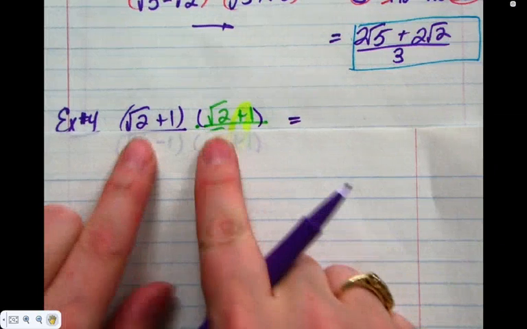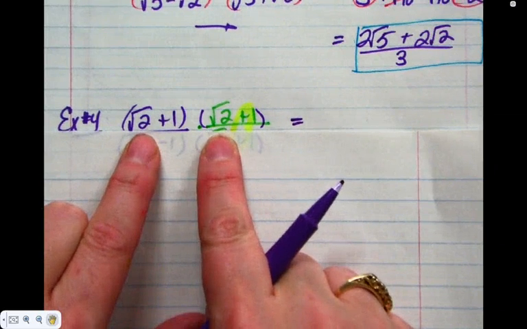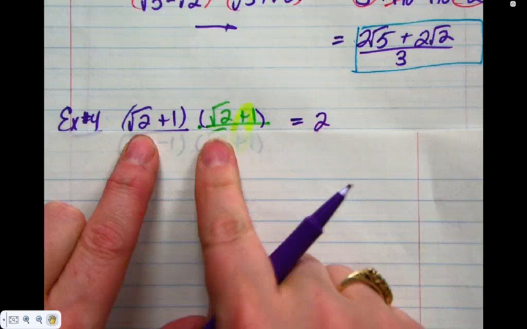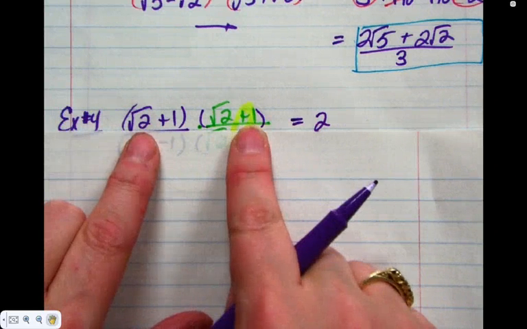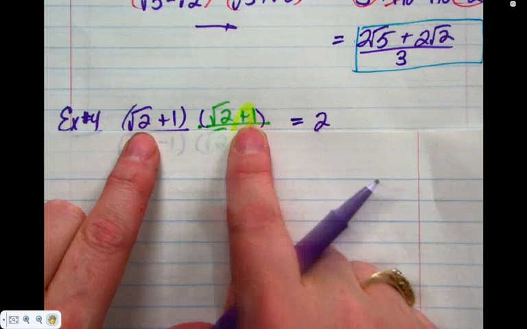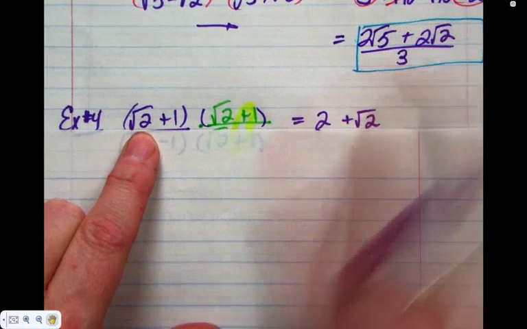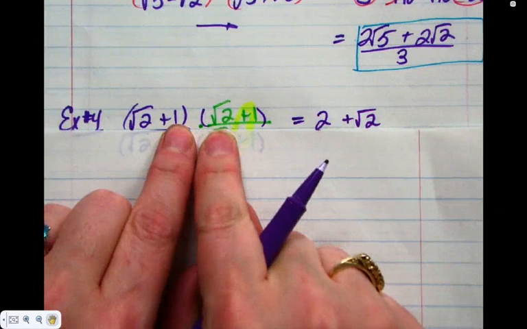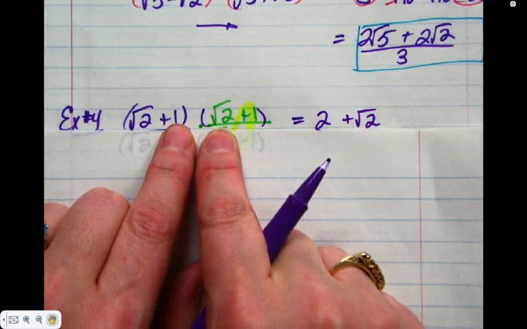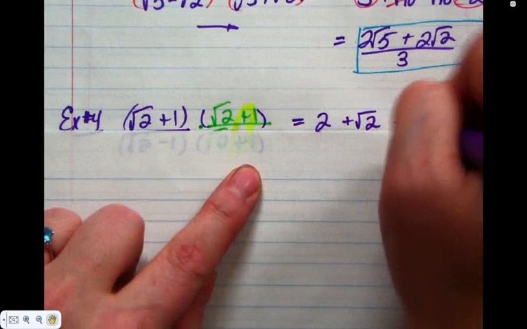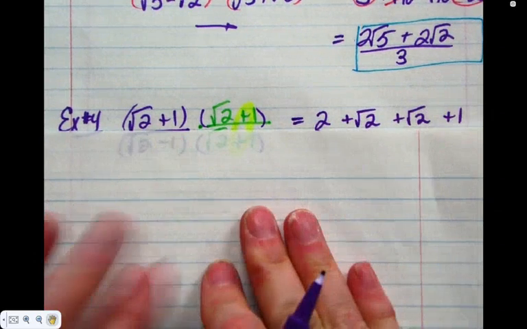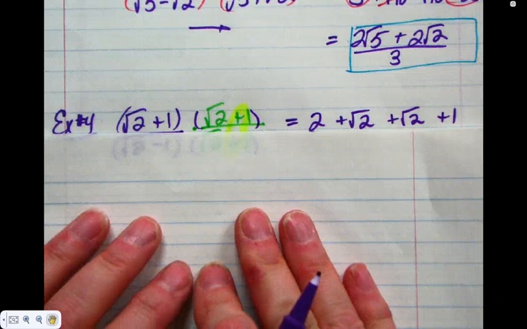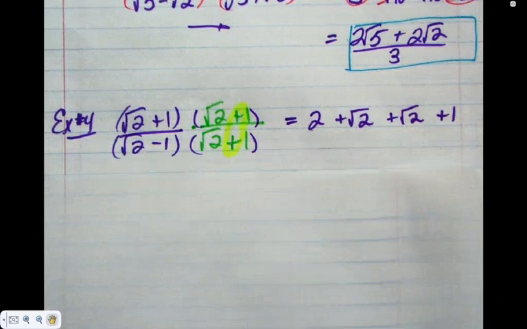Okay, first times first, root of 2 times root of 2, or 4, or 2, right. Root of 2 times 1. 1 times root 2. 1 times 1. I'll simplify it in the next step.